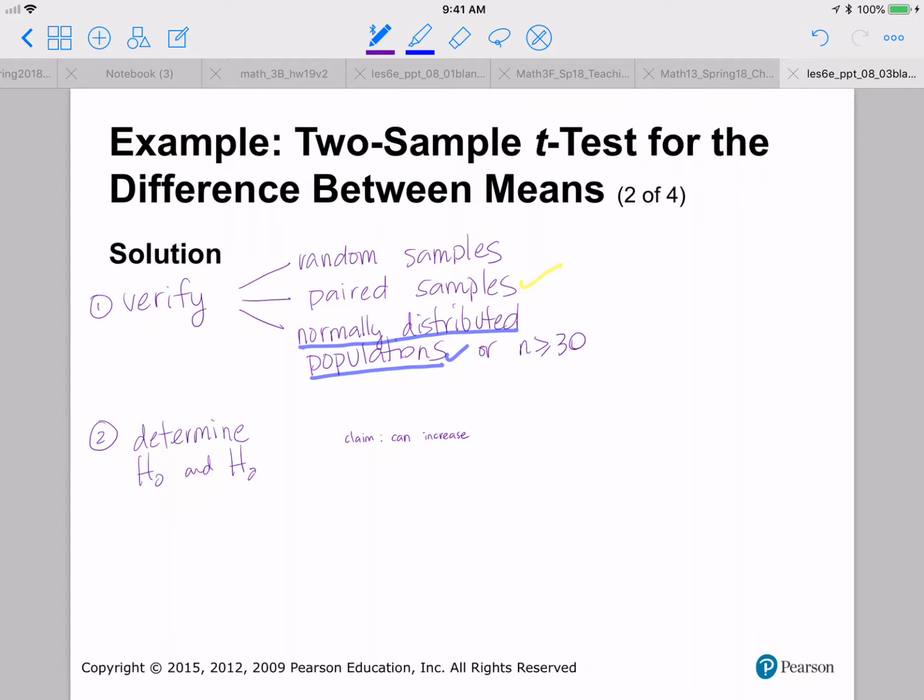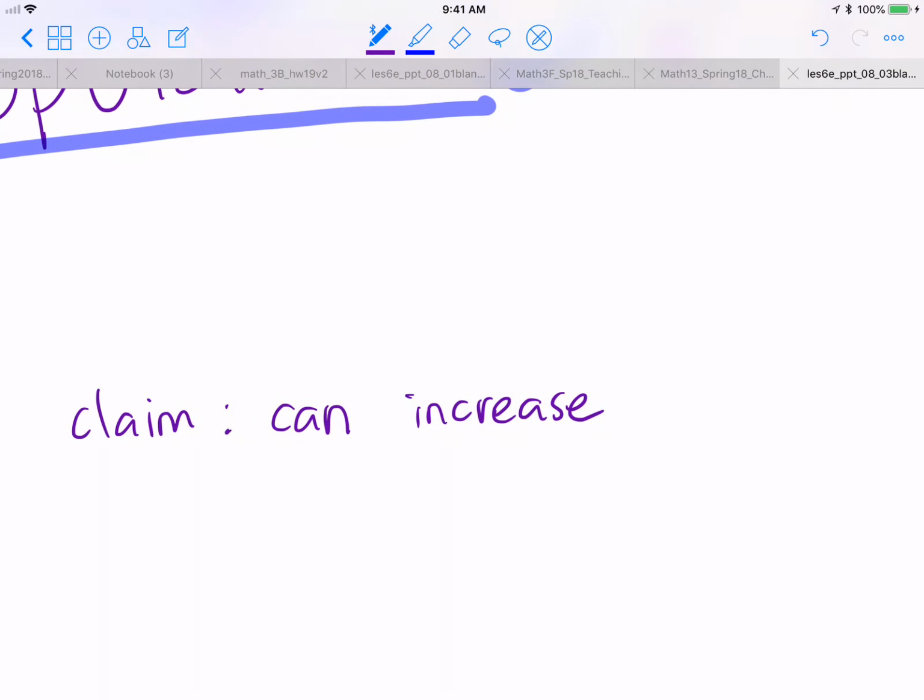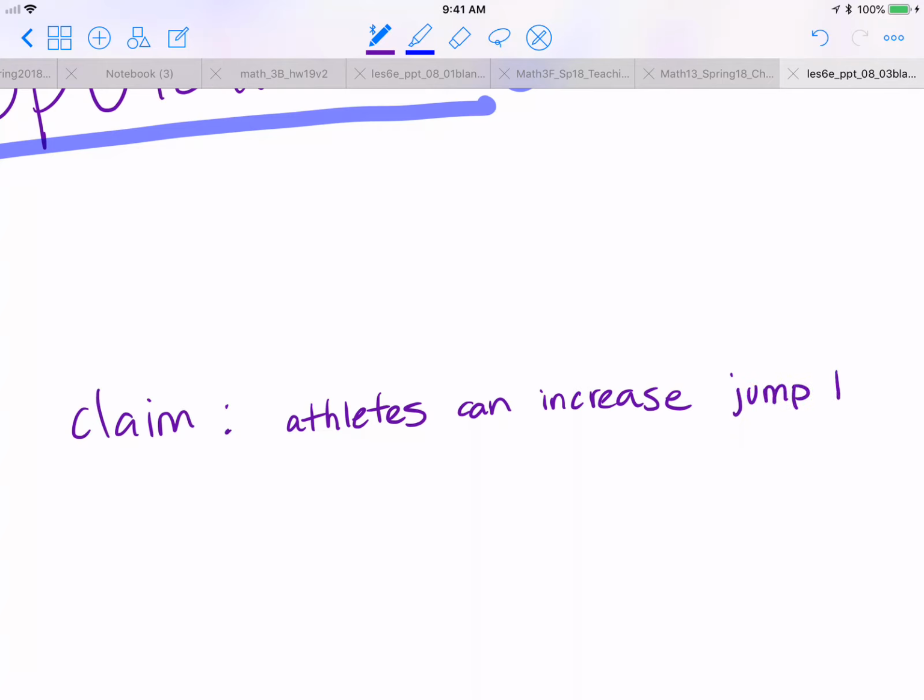Athletes can increase jump heights. So let's put that in here. Athletes can increase jump heights by using fancy shoes.